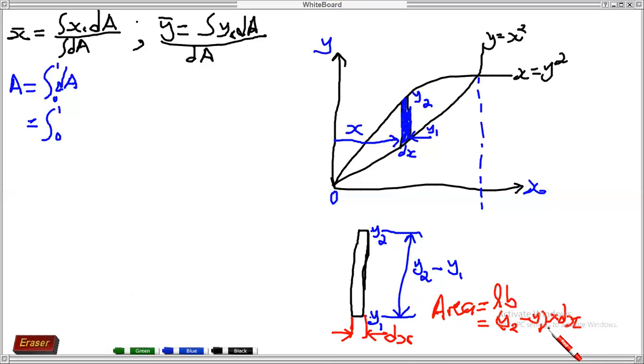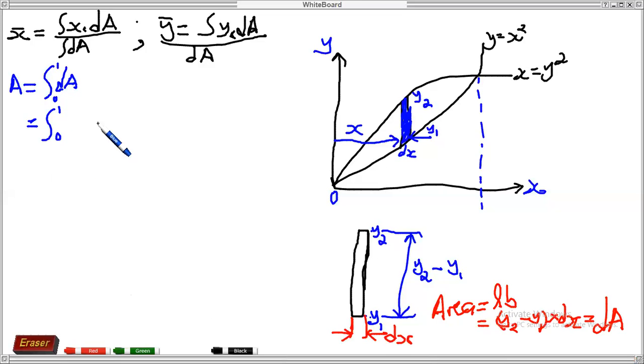So you can actually use this. This is the same as your dA, which you are looking for here.